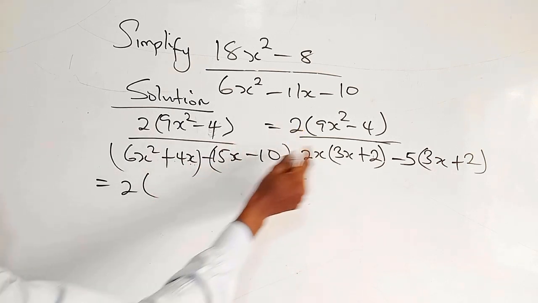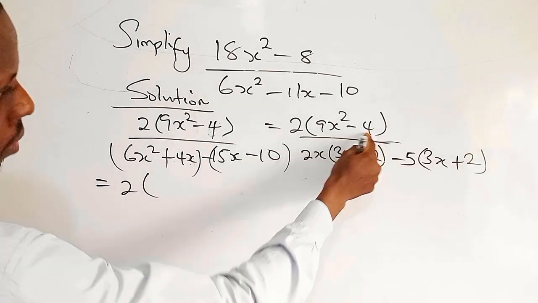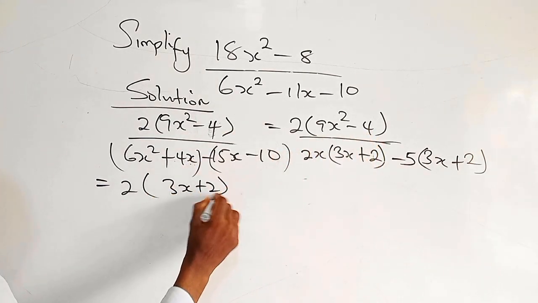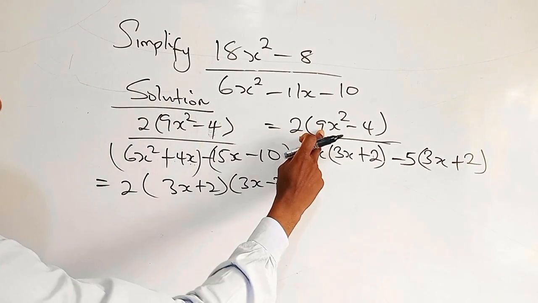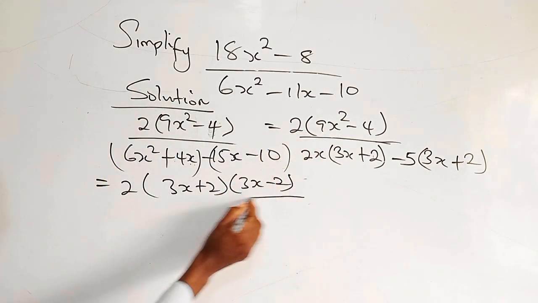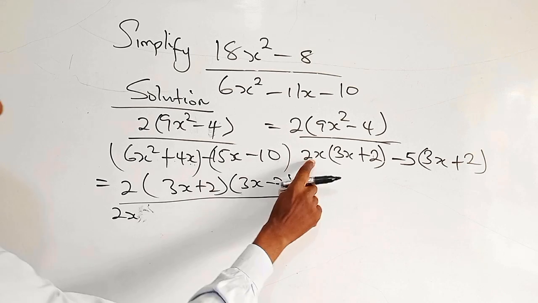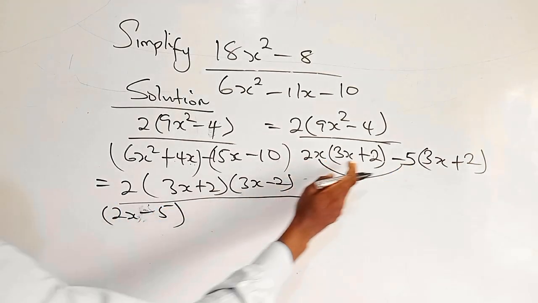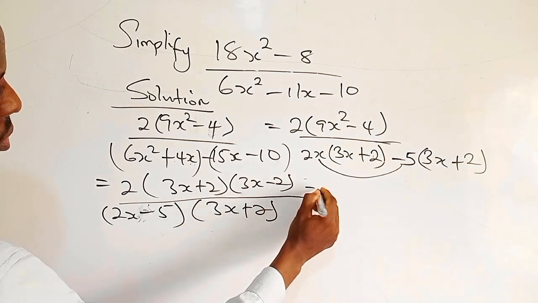2 into 9x squared minus 4. I can have that as 3x plus 2 times 3x minus 2, it's still the same thing, I'll have the same results. Divided by 2x, when you pair this with this, I have 2x minus 5, and I represent 1, so I have a 3x plus 2.